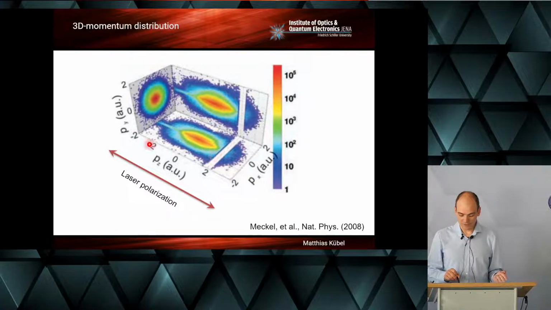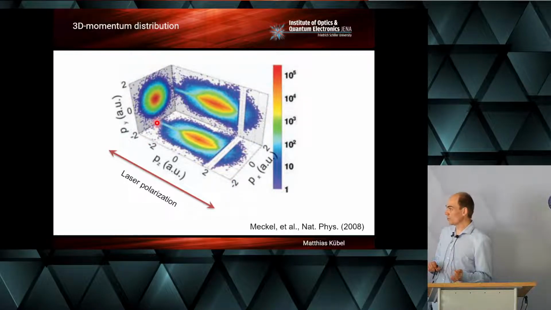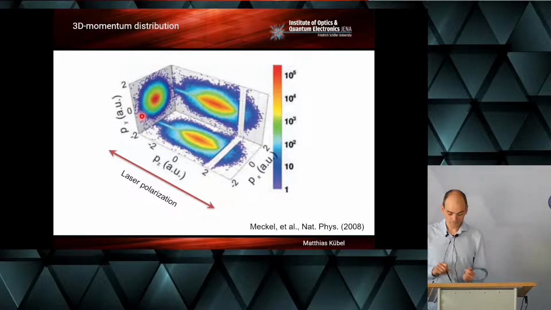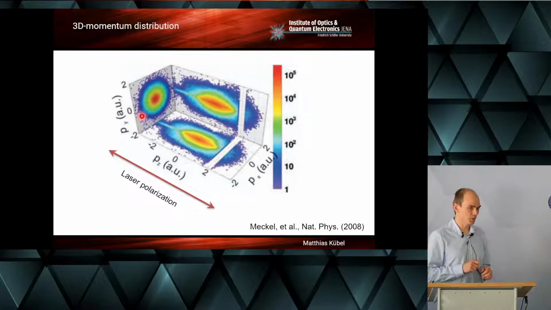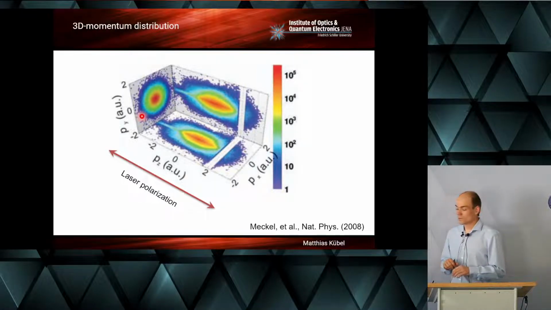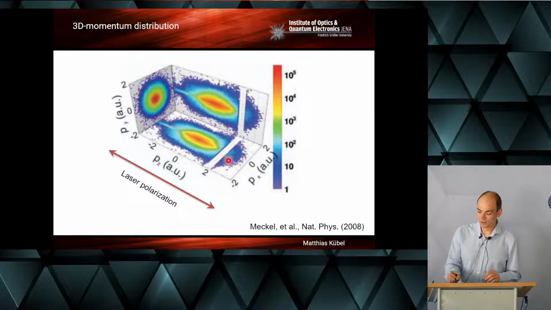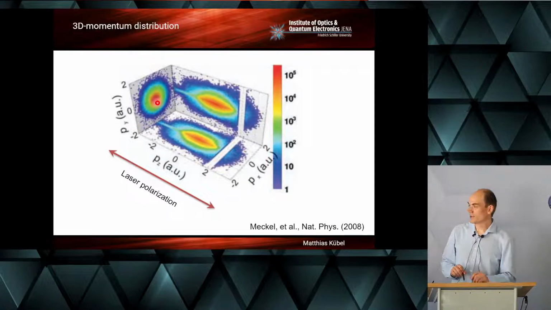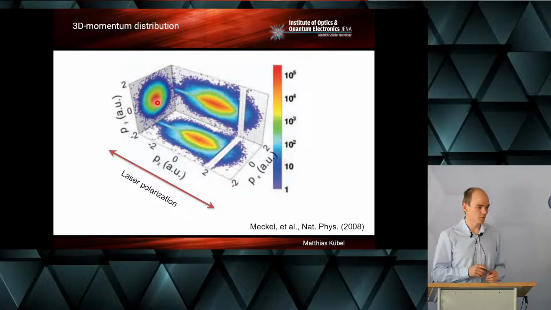Here it extends up to approximately 3 atomic units, whereas in the plane perpendicular to the laser polarization, that would be here, you have only 1.5 atomic units or so. And before we go back to discussing this distribution along the polarization, we are now asking how this width comes about.